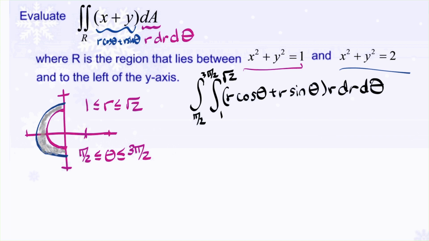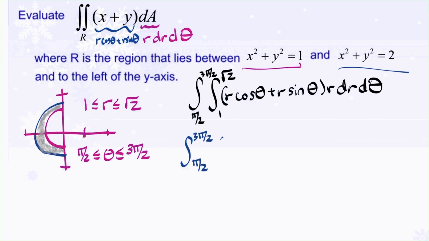This is kind of cool because I can use my integration trick to, instead of doing one double integral, which indicates like you do the inner and then the outer, work our way out, I'm going to write this as a product of 2 single integrals because this is factorable. I can factor the r from the thetas. So I'm going to do that. The thetas, I'm going to gather all together.